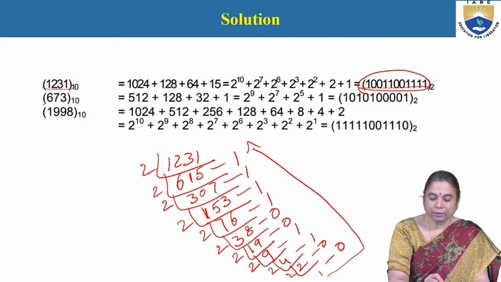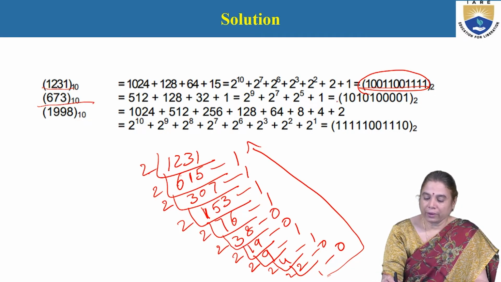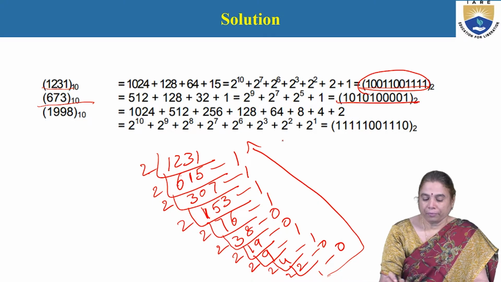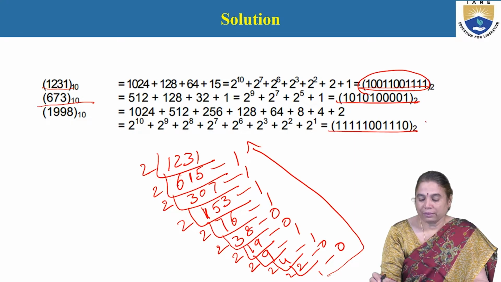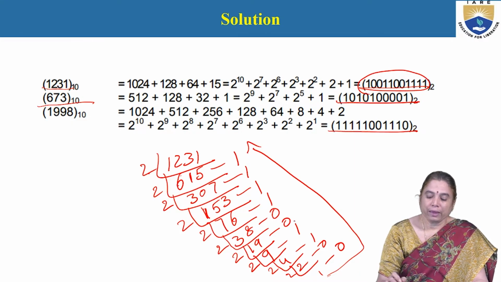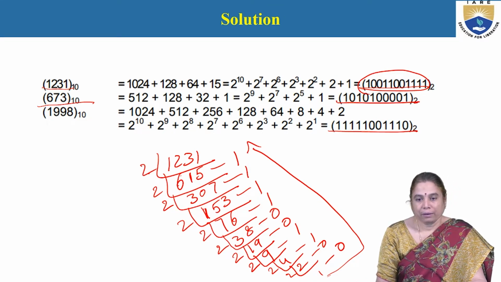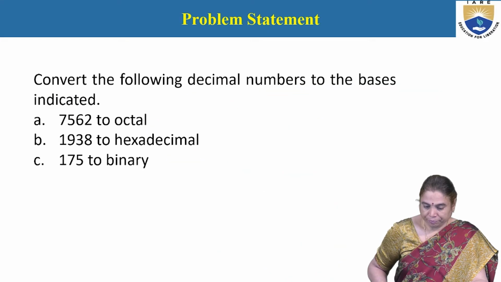So here the 673 binary equivalent is 1010100001, and for 1998 the binary equivalent is 11111001110. In this way, by using the division method, the binary equivalent can be found.